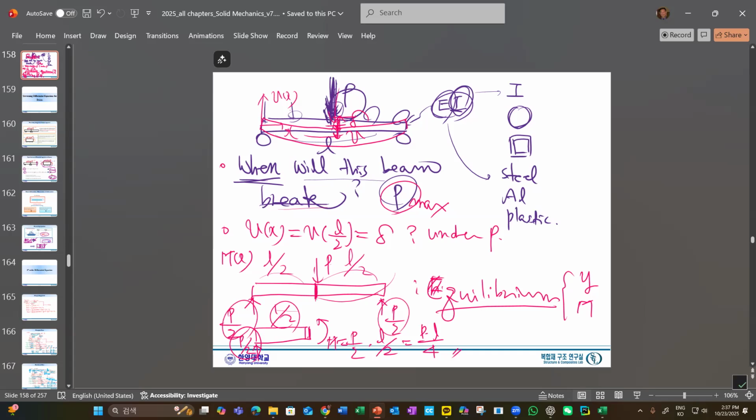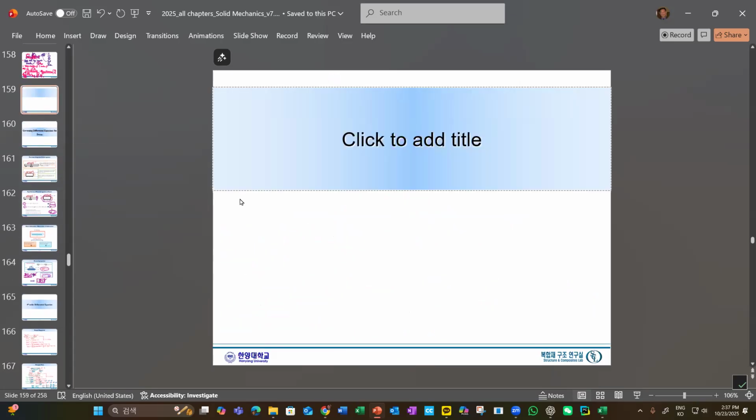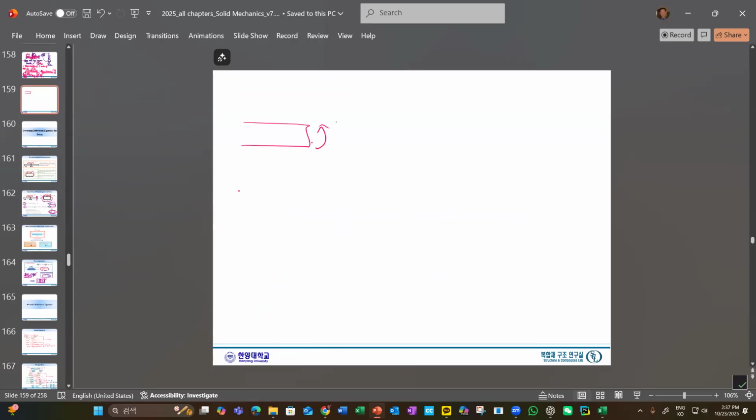Now, let's move further. Now we know that the moment carried here is PL over 4. We just look at the left-hand side. We can certainly consider the right-hand side; the result will be the same because it's symmetric. So anyhow, the moment is here.